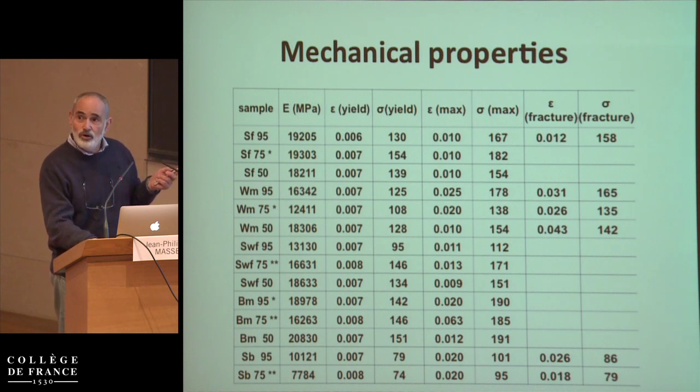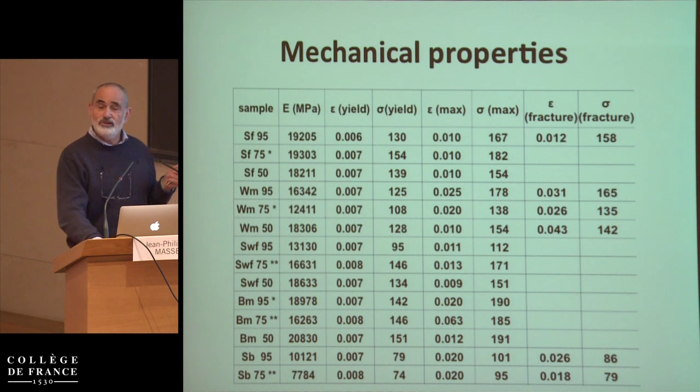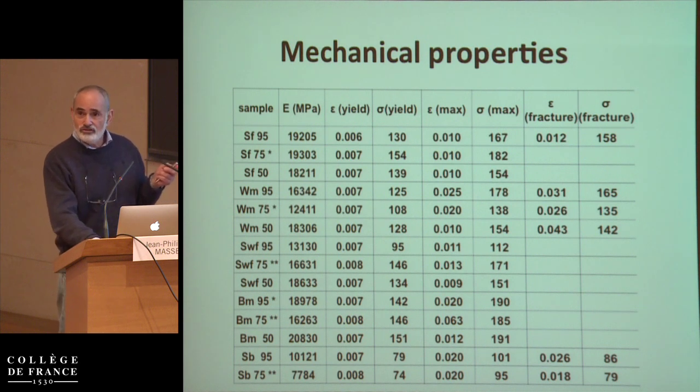I won't go through the numbers, just to show you a principle. These bones of the billfish can be pretty stiff, like regular mammalian bone. All the bones of fish that were tested so far were much more compliant, but here we can reach 19 gigapascals Young's modulus in the axial direction.